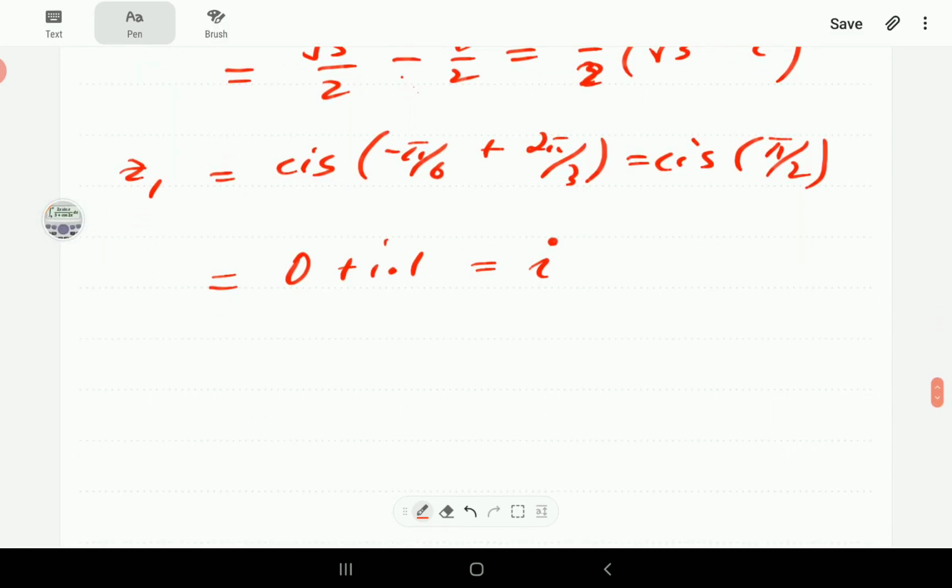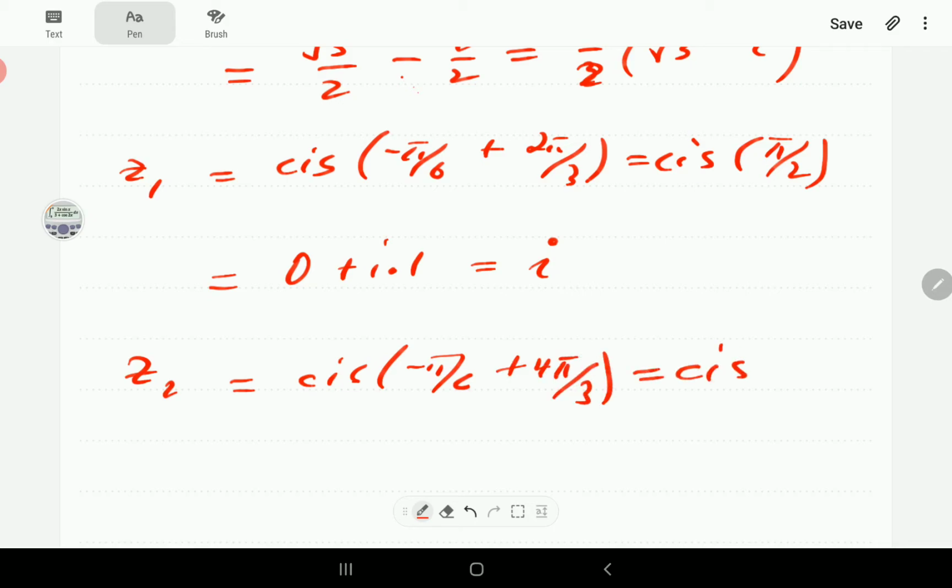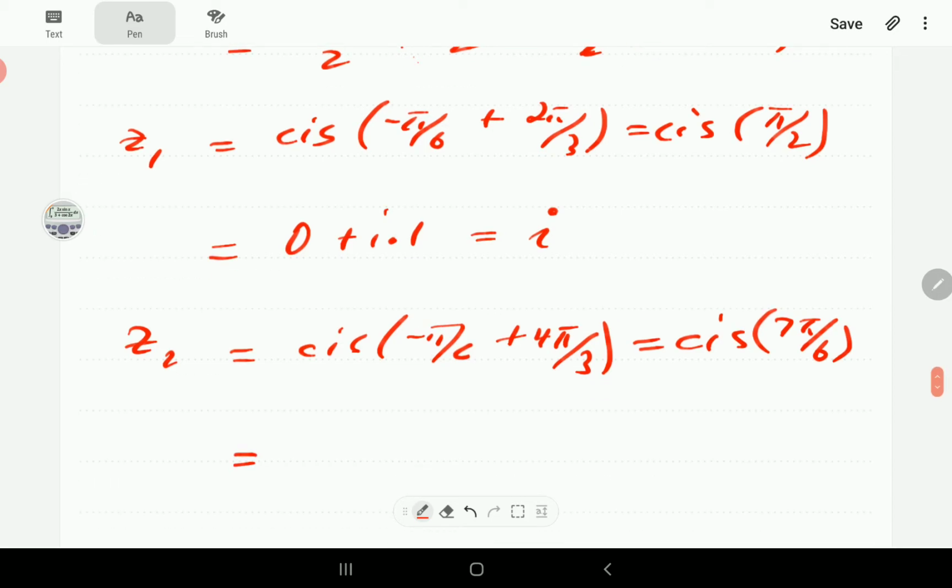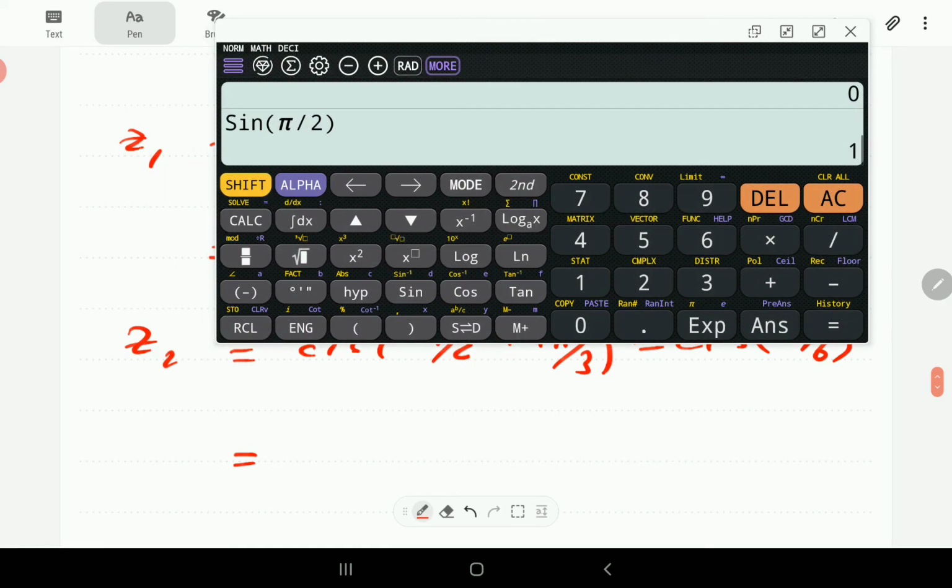Then the third one, when k is equal to 2, we're going to have cis minus pi on 6 plus 4 pi on 3. Now 4 pi on 3 minus 1 on 6 works out to 7 pi over 6. So this time we do cosine 7 pi on 6 and sine 7 pi on 6.